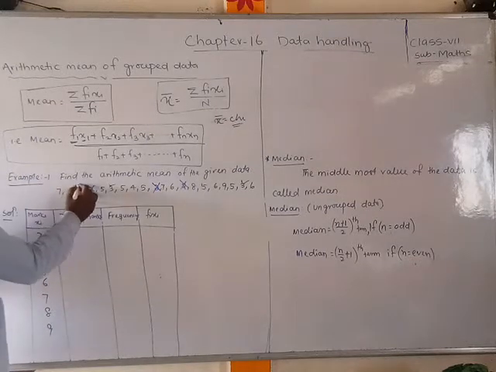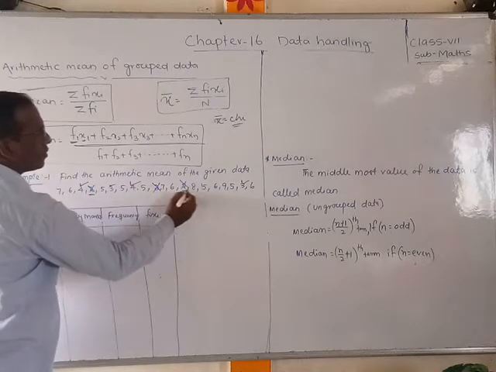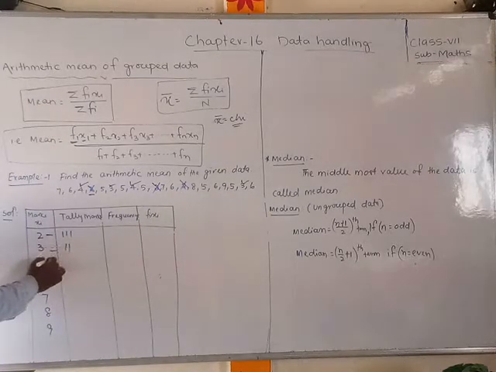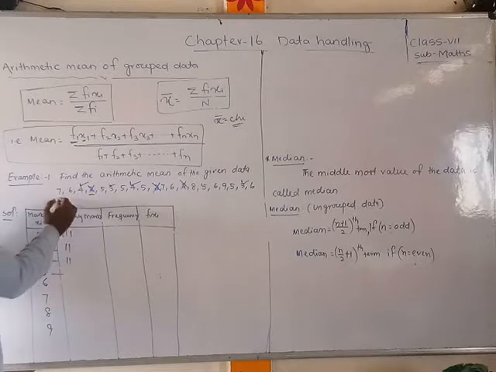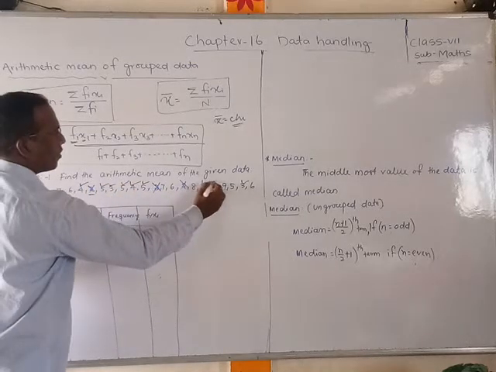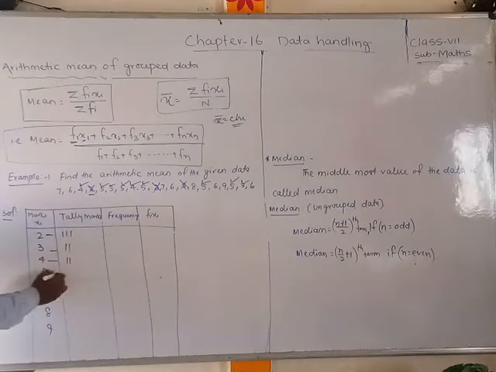4, how many times? 1, 2, only 2 times. 4 also 2 times. 5, how many times? 1, 2, 3, 4, 5 times, so we write 5 times.